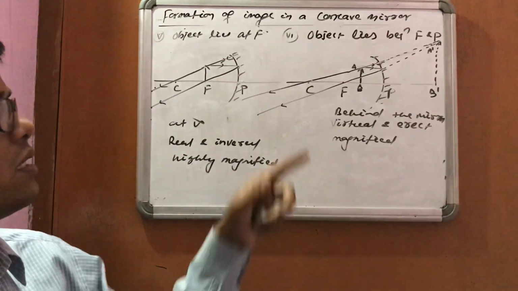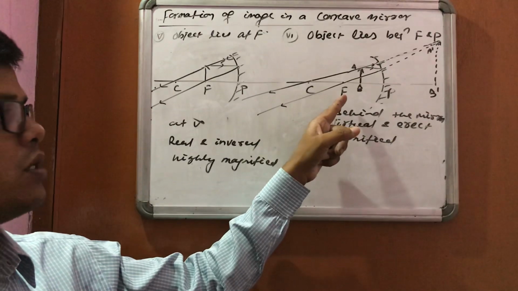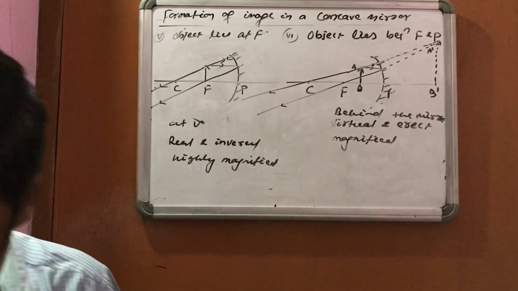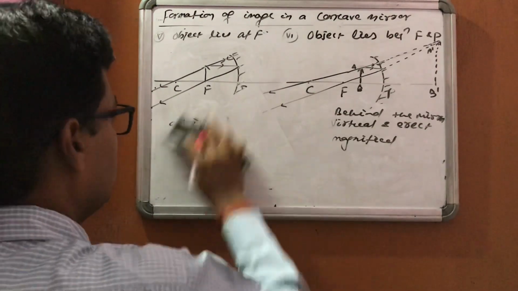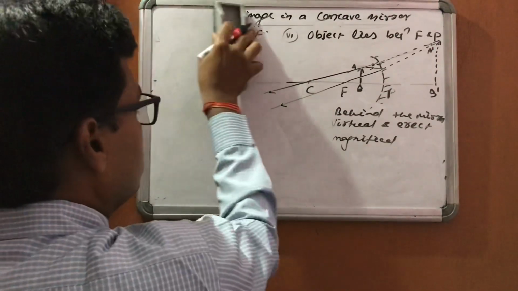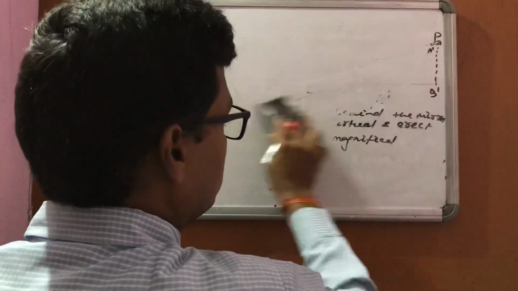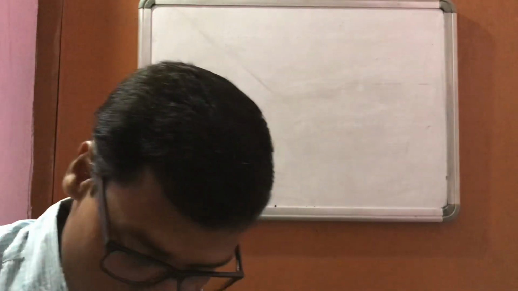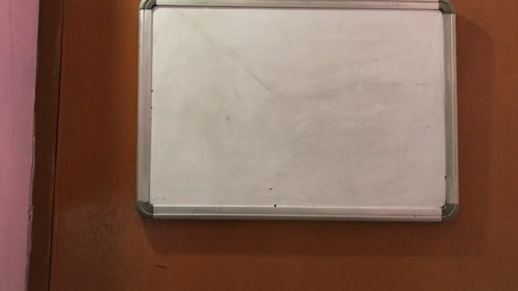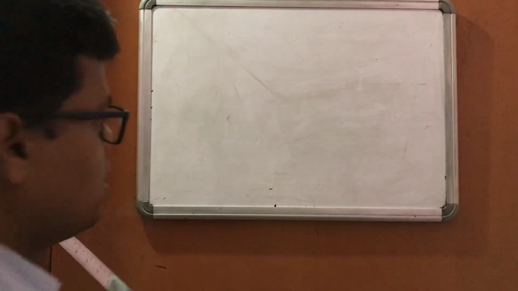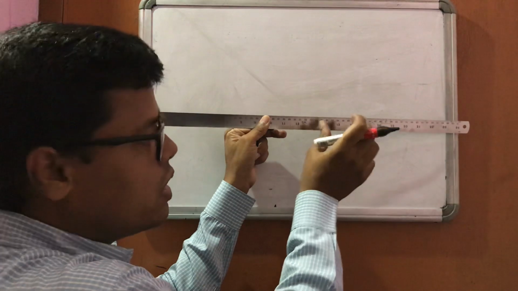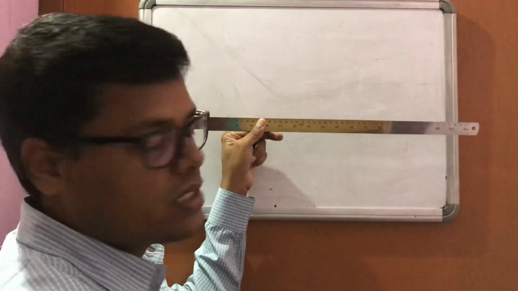Okay. So let us draw this diagram. What happens when the object lies between F and P? Same diagram. Let us take a scale. It is better to take 3 centimeter distance of separation.